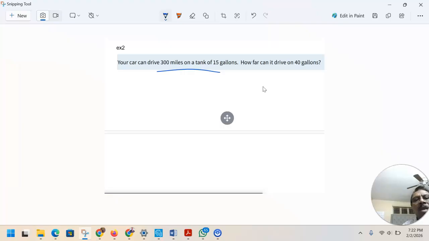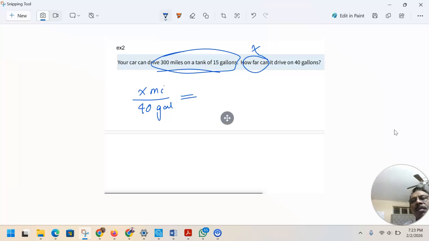So we can make a ratio. The question is how far, so we don't know how far. We can call it x. So x miles on a tank of 40 gallons equals the given rate, 300 miles divided by 15 gallons.